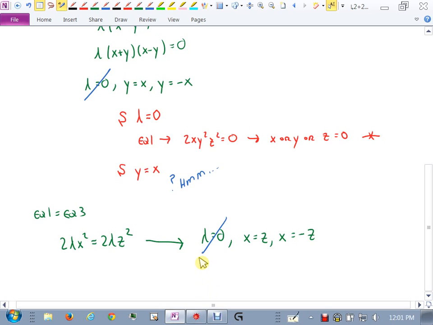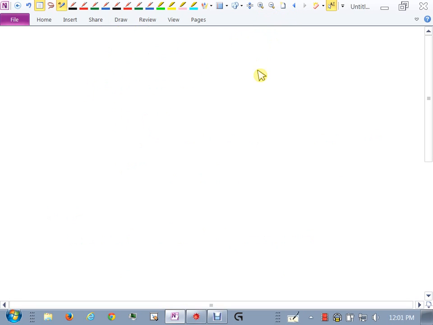So this would mean that x could be, let's look at these different scenarios because there are some scenarios here. If we let x be x, then y could be what? x also, and z could also be x. That's one thing that could happen.